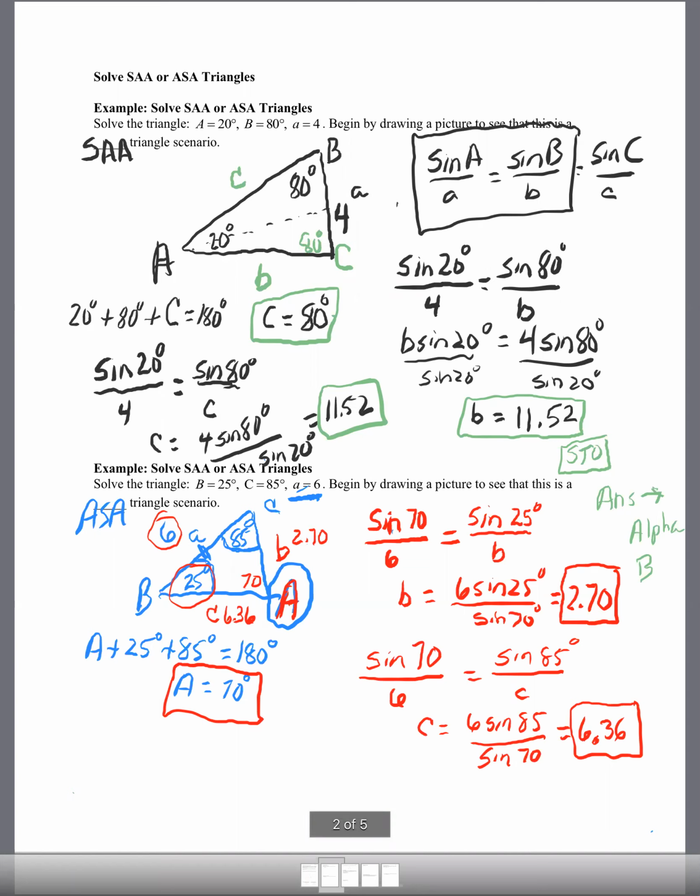These measures are not proportional. The sine of the angle to the opposite side is proportional. So all I can do is say that the smallest angle, 25, is definitely across from the smallest length. And the largest angle is definitely across from the largest length. And hopefully that's enough to kind of make sure that we have the right answers.